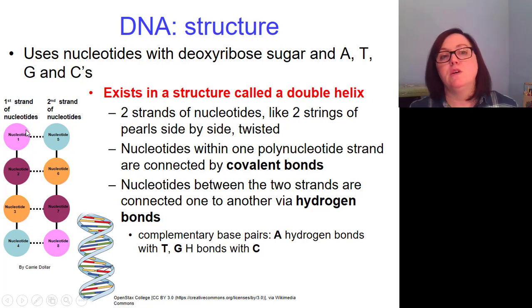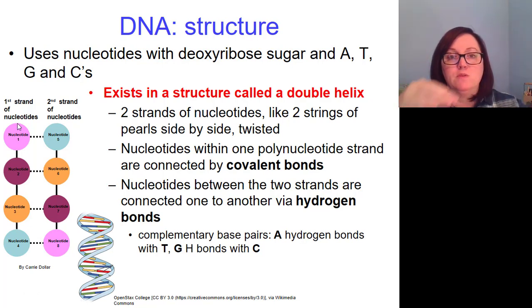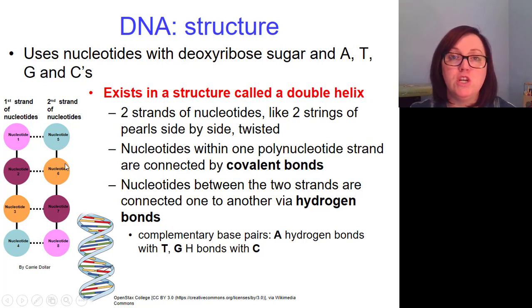So if you think of DNA like a ladder, the sides of the ladder are the covalent bonds, but the steps of the ladder are hydrogen bonds. And it just so happens that the nitrogenous base A always hydrogen bonds with T, and the base G always hydrogen bonds with C. We call that complementary base pairing.